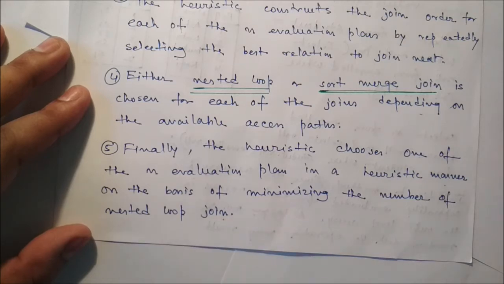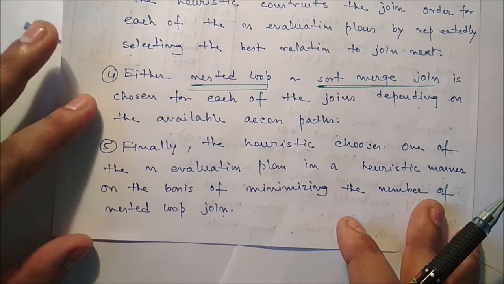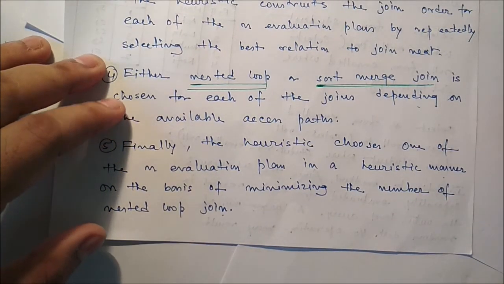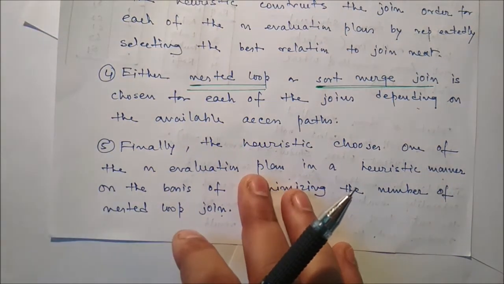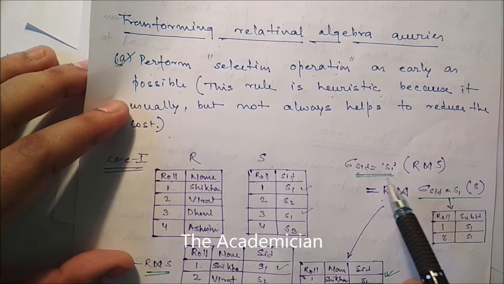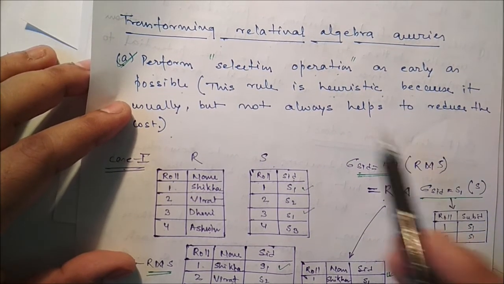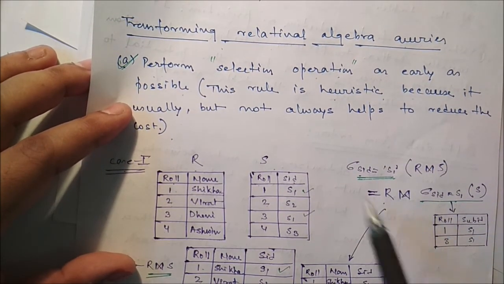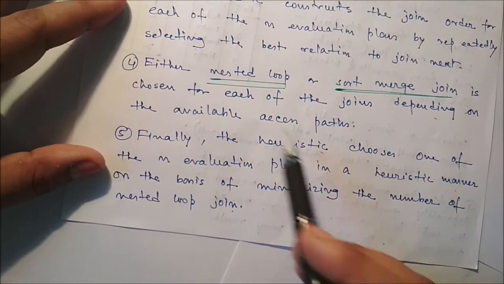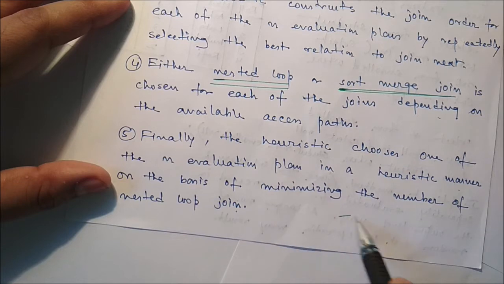Now why is it heuristic? We can see, just as we have seen here, most of the time if you use this, it will give the best result, but not always. Here we may use selection first before join, but this is heuristic because most of the time it is true, but not always. So in this case, different joins are there.